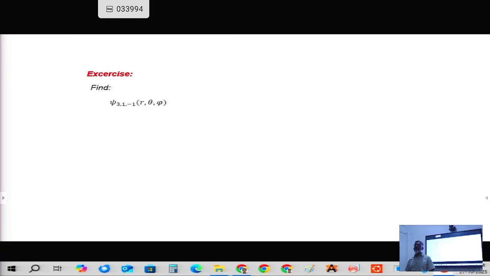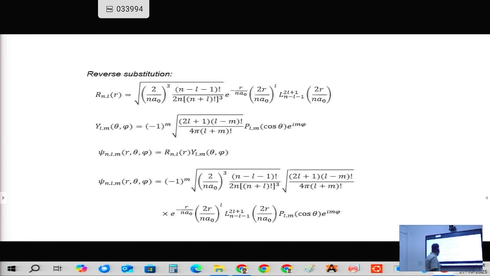The hydrogen atom is much more complex than this. Why is that? What is missing in this equation? Spin. Where is the spin of the electron? Spin is not included here, so this is not the complete picture. And what is spin actually? What is spin?